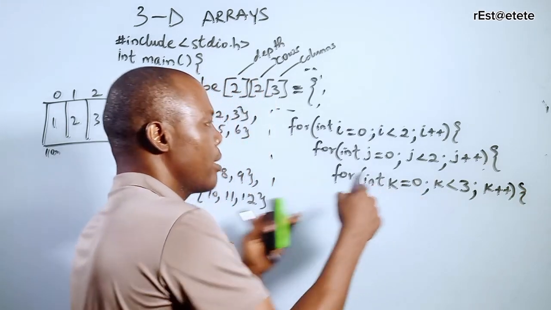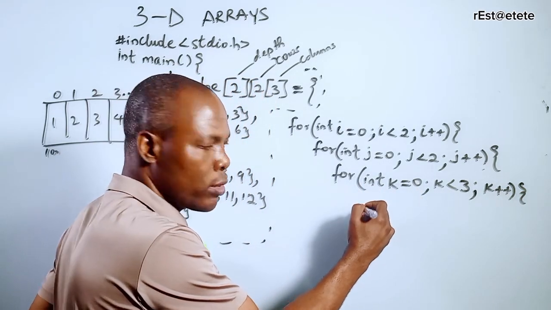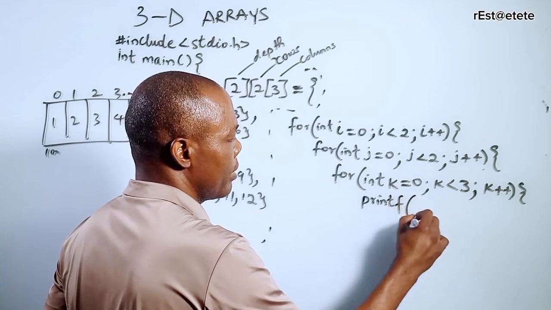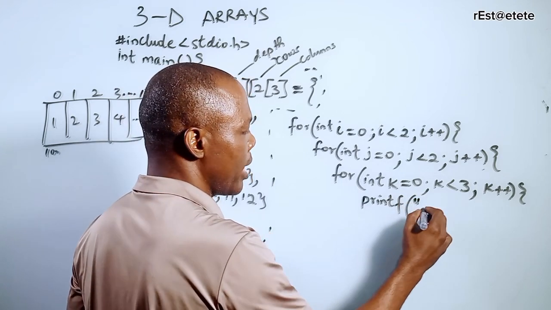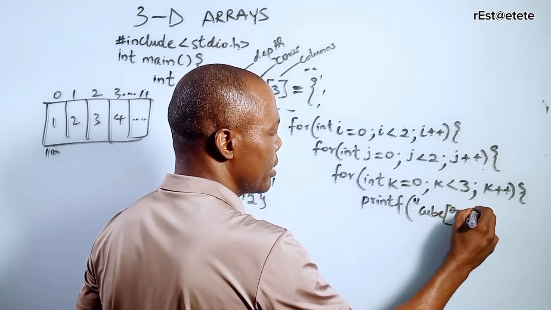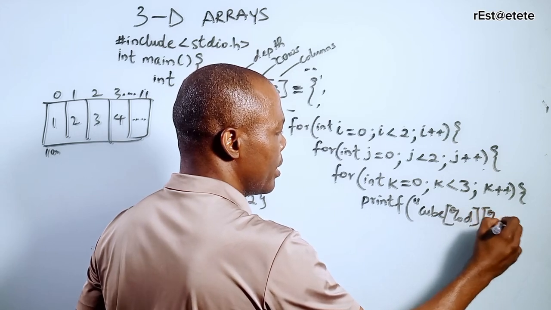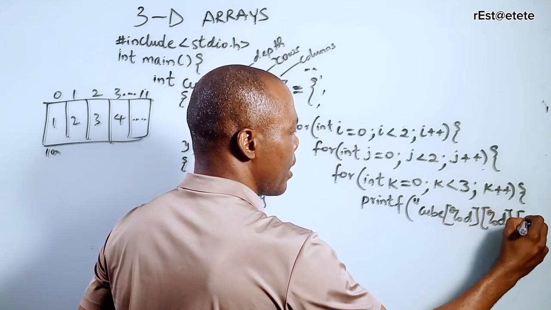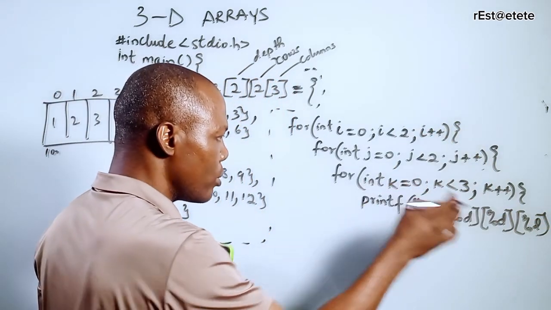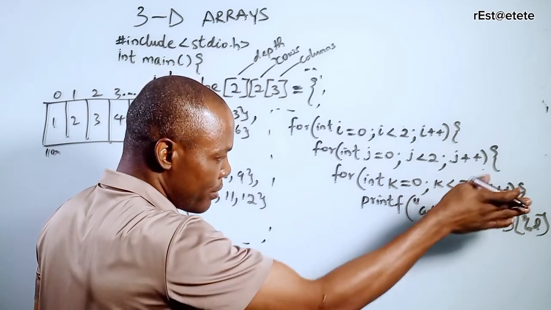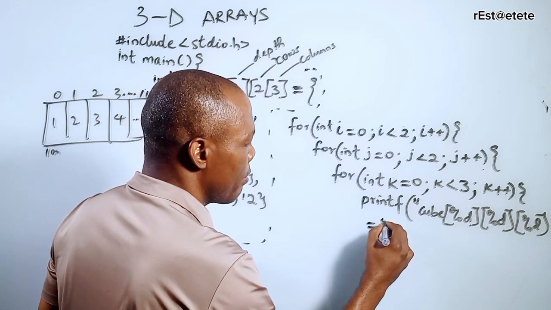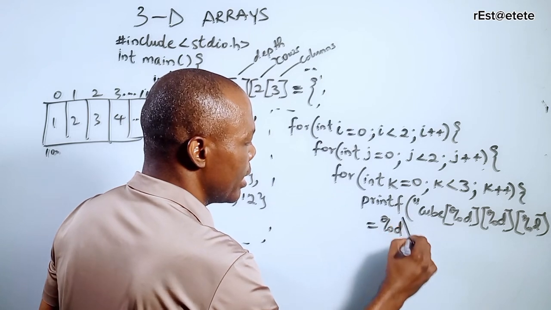Now inside this k loop, we are going to bring in our printf function. Inside this, we'll do our string literal. We'll call it cube[%d][%d][%d], equals to %d, then backslash n.